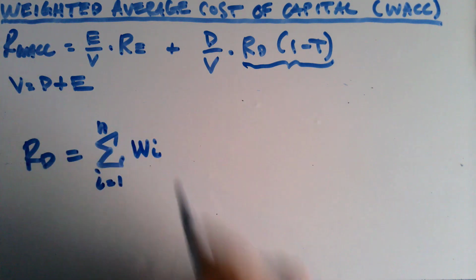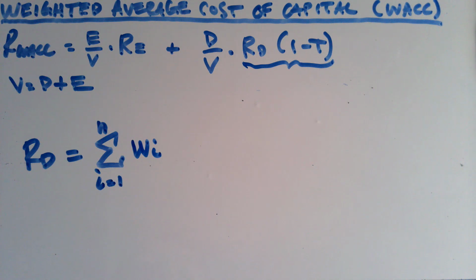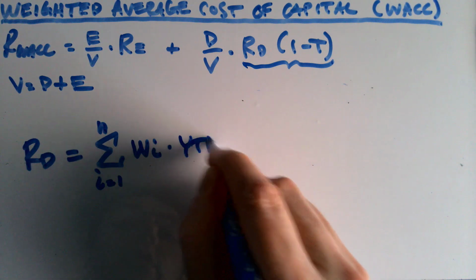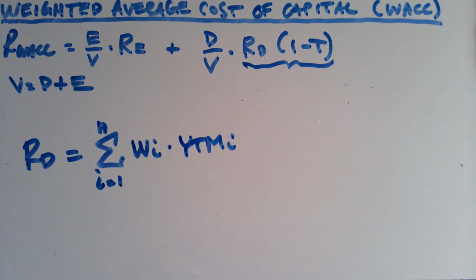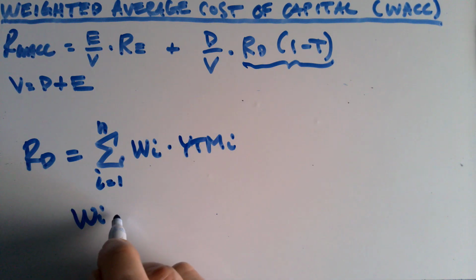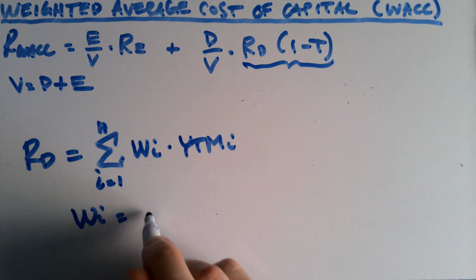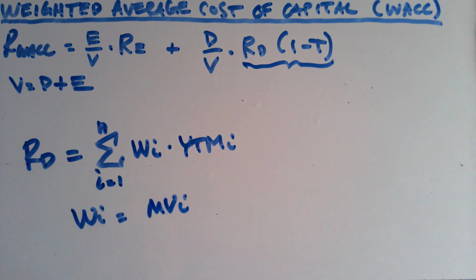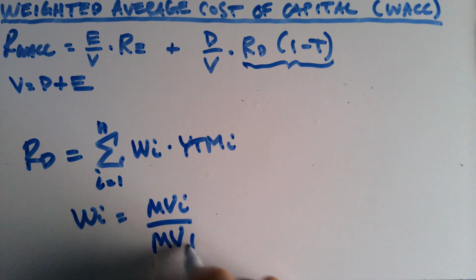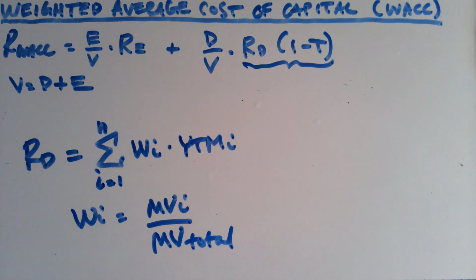We're going to have the weight on the issue, which is going to be based on the market value or price of the bonds, multiplied by the yield to maturity on the issue. And so how do I figure this weight sub i? It's going to be equal to the market value for bond issue i divided by the overall market value for all the debt.